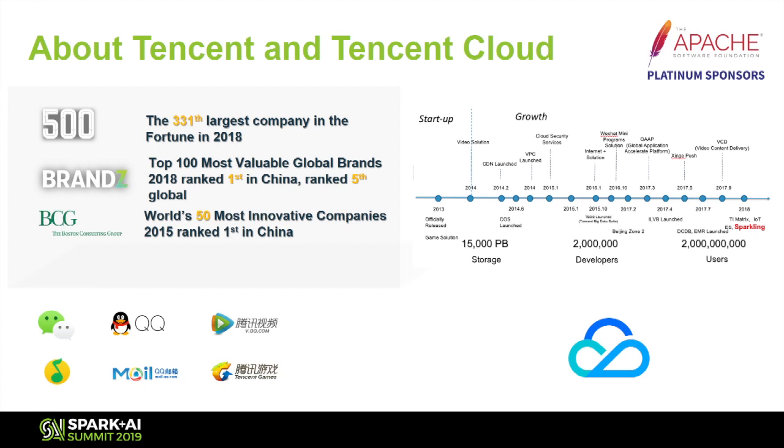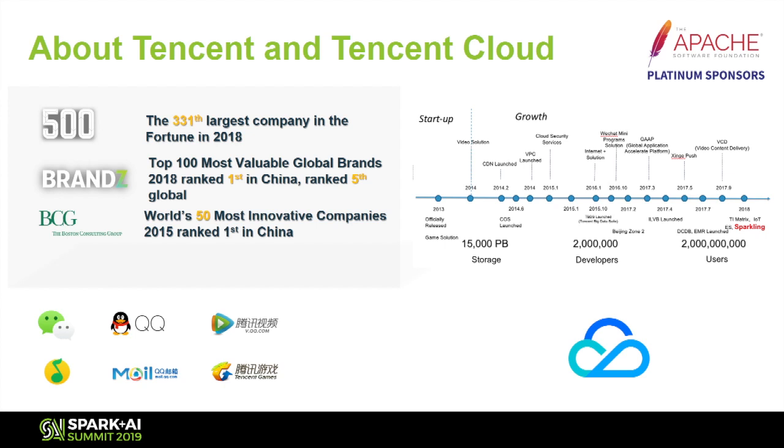Actually, Tencent is one of the largest internet companies in China, offering social network services like WeChat, QQ, and also video and music streaming services. But in the last few years, starting around 2013-14, they started offering public cloud services.